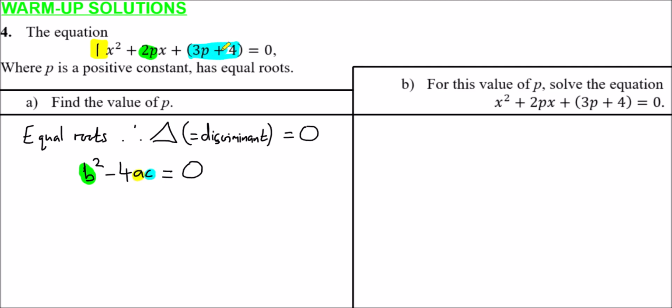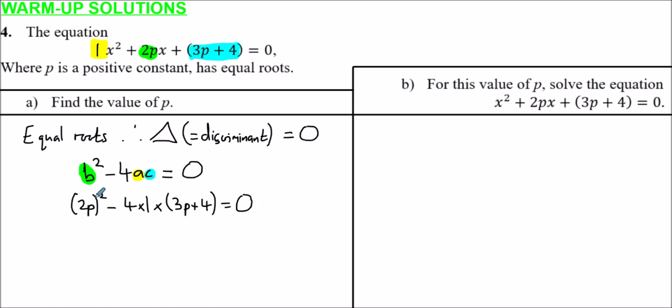And so we just put these terms in for a, b and c and solve. So b squared is 2p squared, and minus 4 times 1 times c, which is 3p plus 4, equals 0.